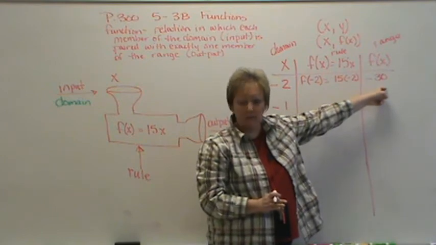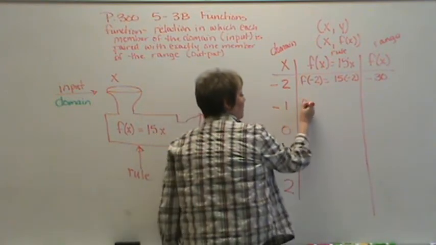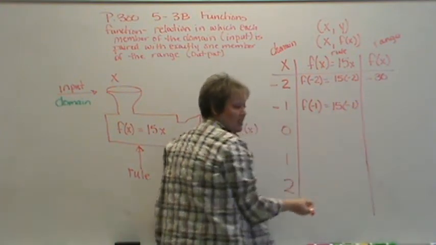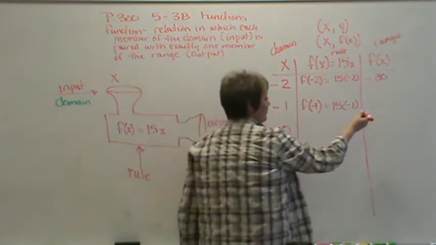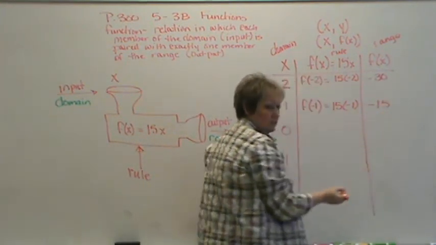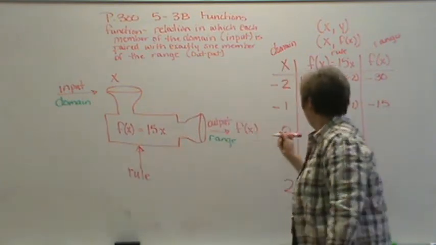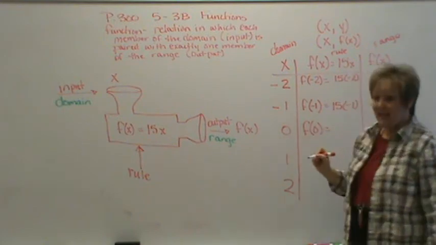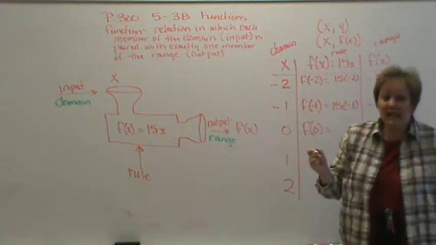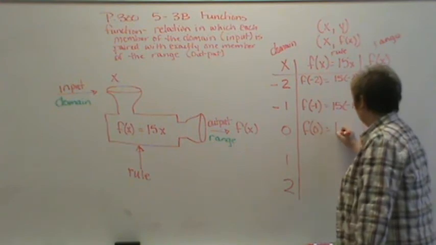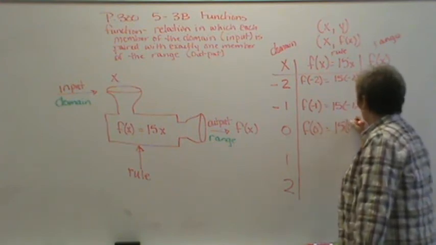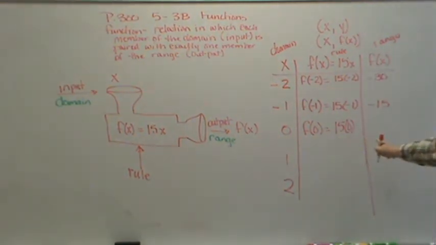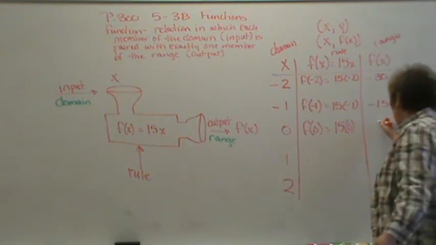If one person walks away, 15. Now, if no people walk away, then he doesn't lose or gain anything. So it's going to be at 0.